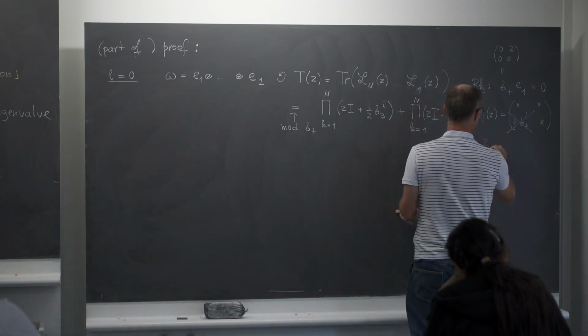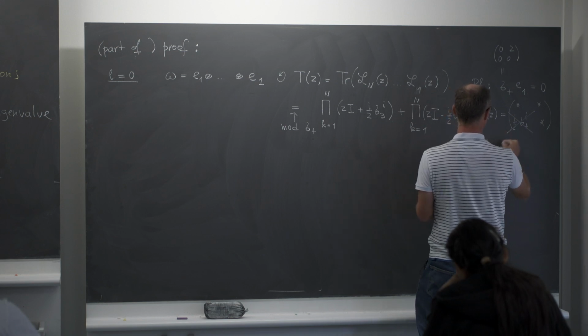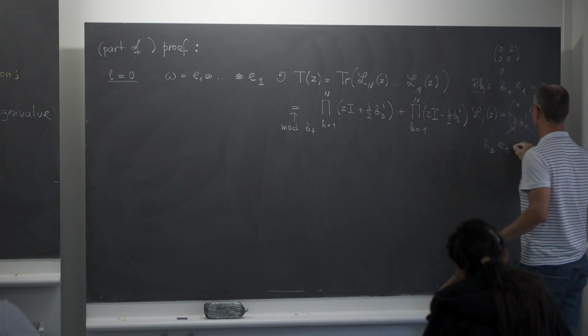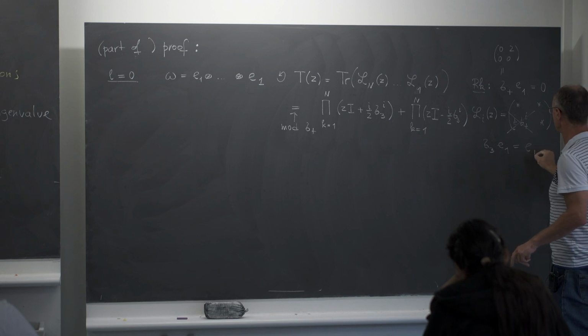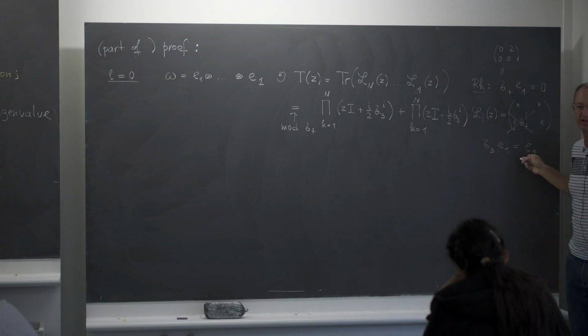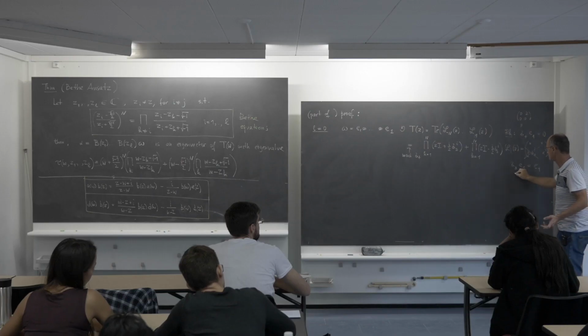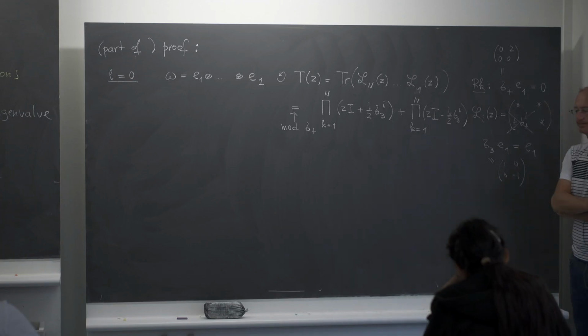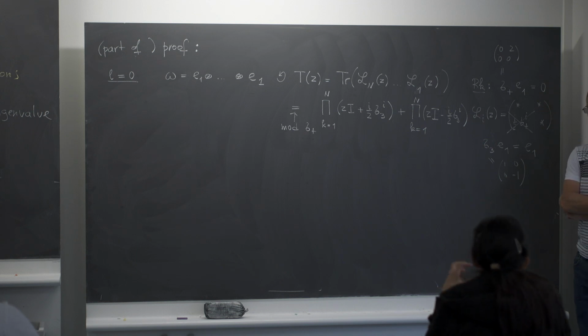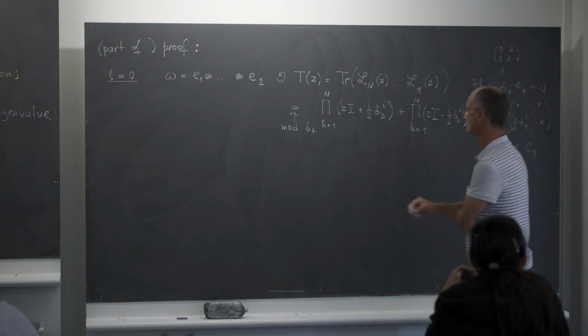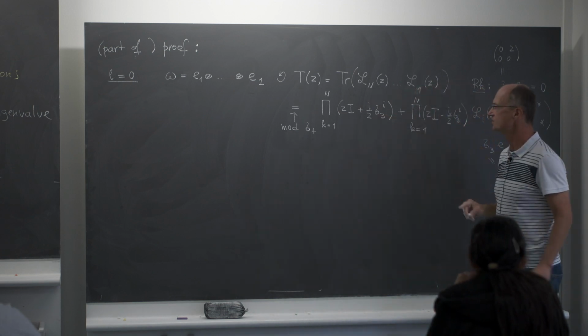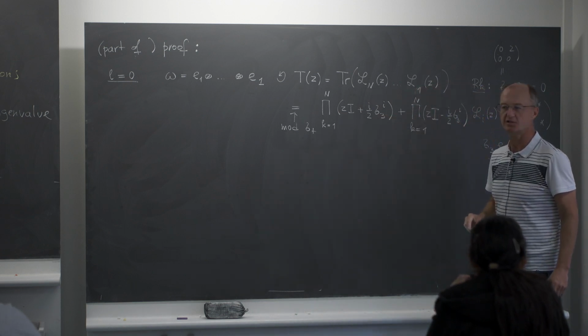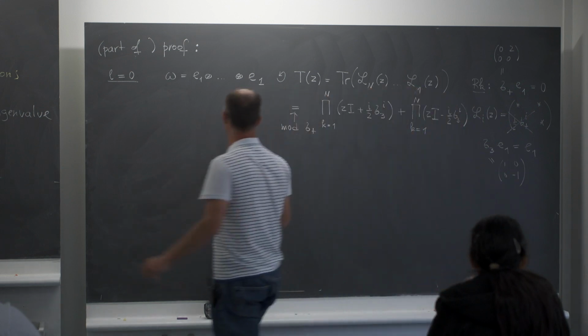Now, sigma 3 has E1 as an eigenvector of eigenvalue 1, because this guy is simply 1, 0, 0, minus 1. So this means that those sigma 3s I can actually replace by 1.